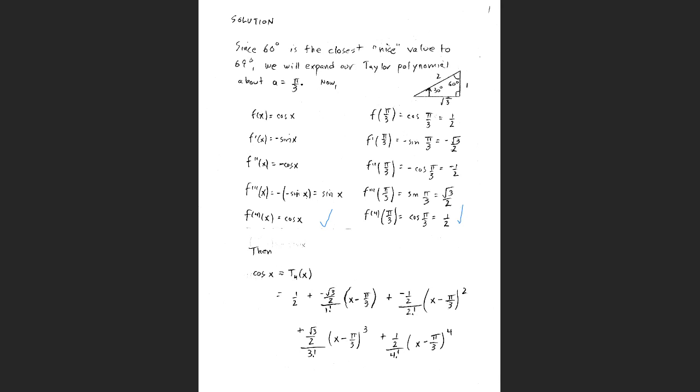And based on that, I can get my Taylor polynomial for the cosine of x about a equals pi over 3. I'm going to just give you a moment to copy all this down. Please let me know if you have questions, okay?